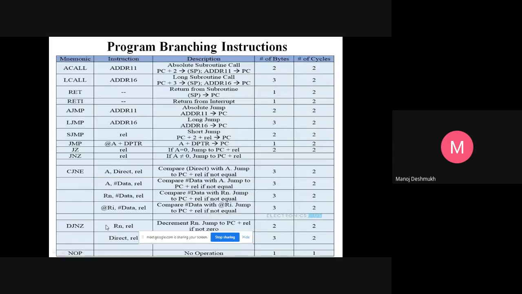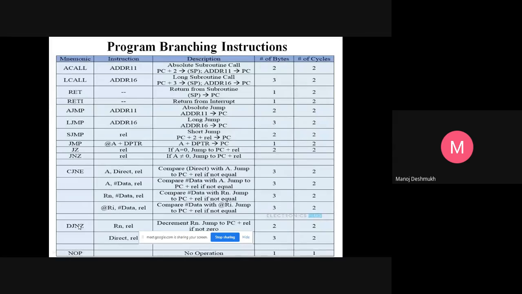These are instructions based on some comparison. In case of CJNE, comparison is done between two operands. Either one is a direct or immediate value and another is a register, or both are registers, like A comma B. It will jump to the relative address.